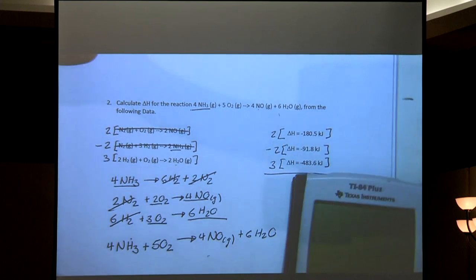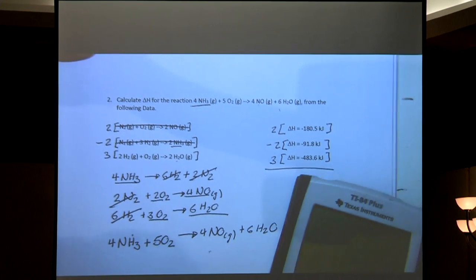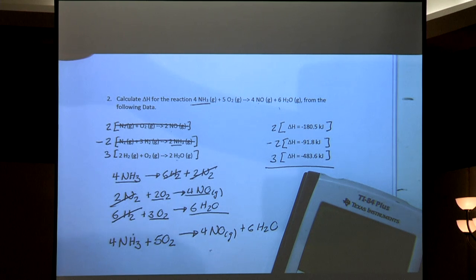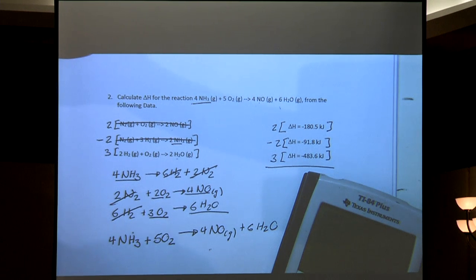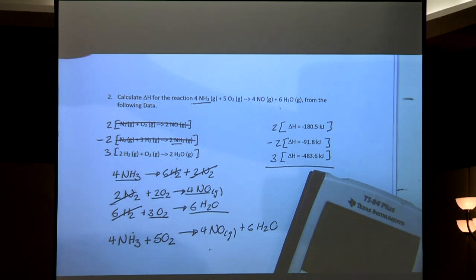So, all right, we have 2 times negative 180.5 plus negative 2 times minus 91.8 plus 3 times negative 483.6.